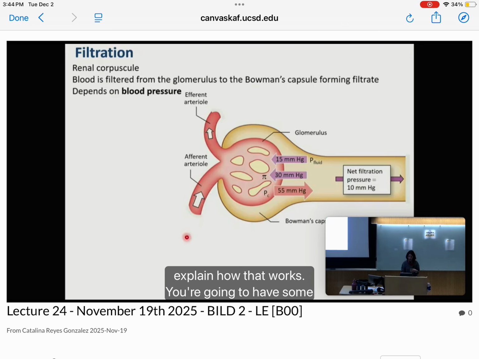Okay, and let me explain how that works. You're going to have some blood coming here through the afferent arteriole into the glomerulus, and that blood is going to exert a hydrostatic pressure. That volume of blood is going to push against the walls of those capillaries and generates this capillary pressure.